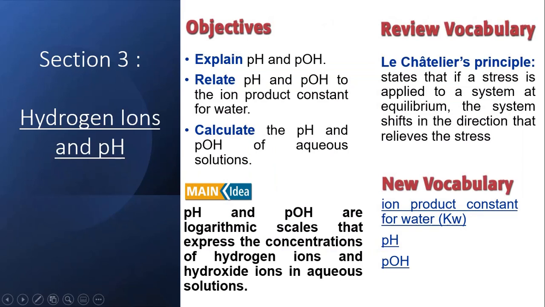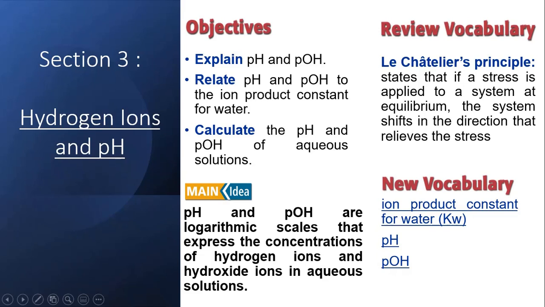In lesson 3, we are going to cover H3O positive or H positive ions and how these are related to the pH and pOH. On the other hand, we are going to talk about the OH negative or hydroxide ions, how these are going to be used to calculate the pOH, or the scale of hydroxide ion.